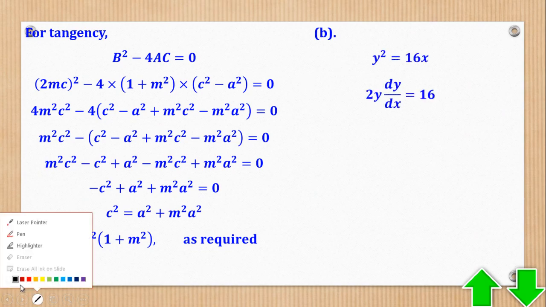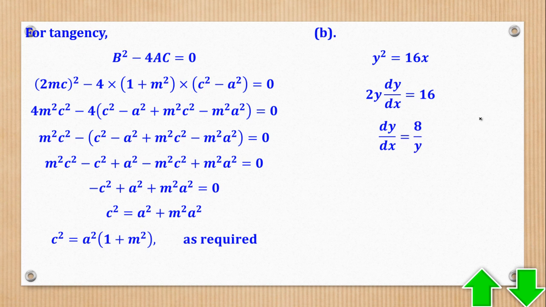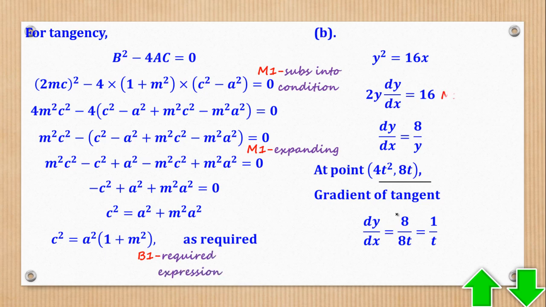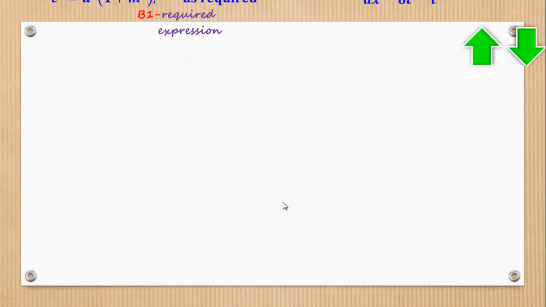So one, we have to get the gradient. So at this point, the gradient of the tangent is given by that. Therefore, I can get the equation of the tangent.